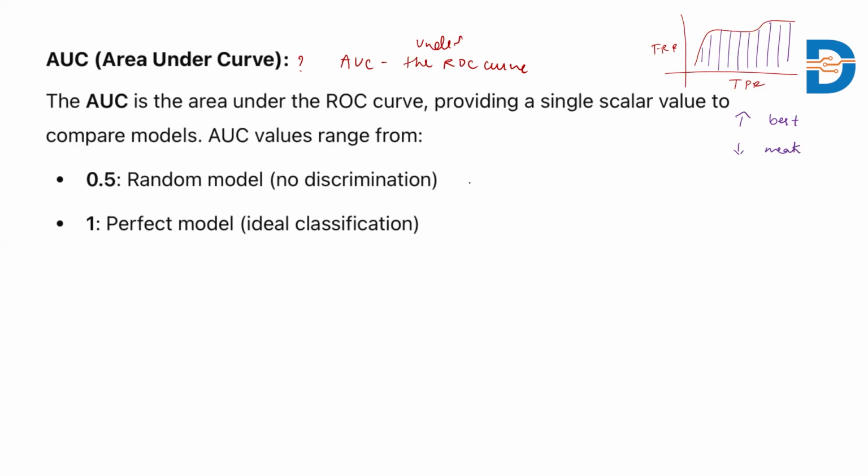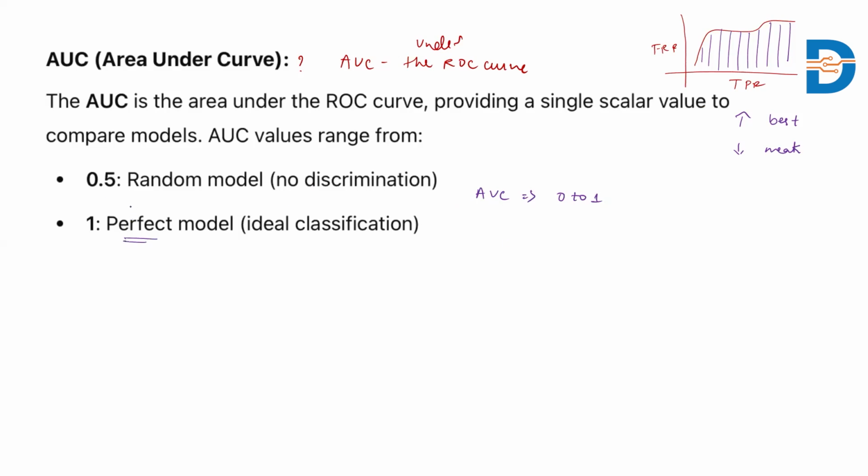That is your AUC range. The range of the AUC score is between 0 and 1, where a value nearer to 1 says the model is performing well, and a value nearer to 0 says the model performance is poor. If you get an AUC score of 1, it's a perfect, ideal model.